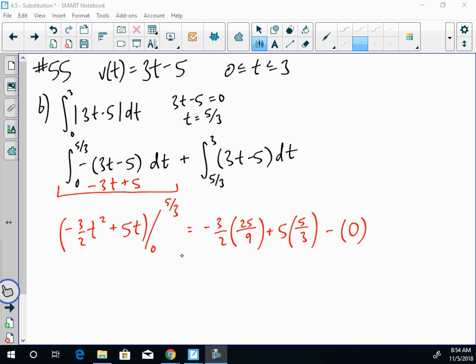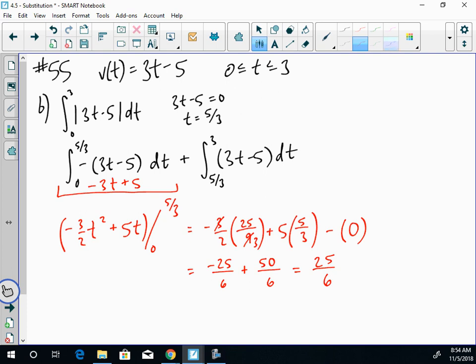Okay, so this part here, if we reduce it down, the 3 and the 9 will make this a 3. We get negative 25/6. Plus, this would be 25/3, which would be 50/6. So I end up with 25/6 for an answer for that chunk. Does that seem right? Okay.